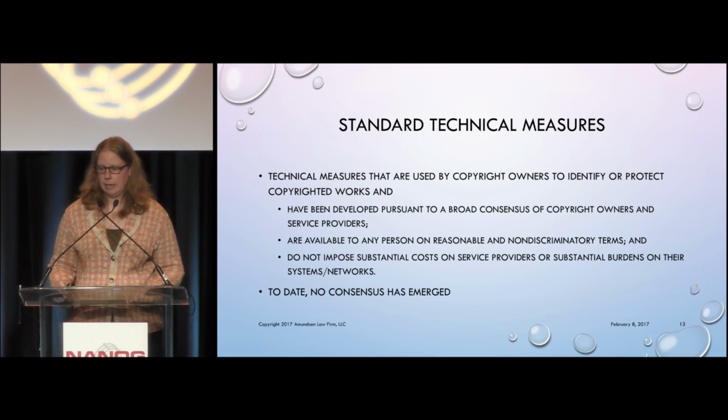And so one thing that's important about this is that so far we don't have a consensus. That broad consensus of copyright owners and service providers doesn't exist. So at this point, we don't have any standard technical measures that you have to worry about.